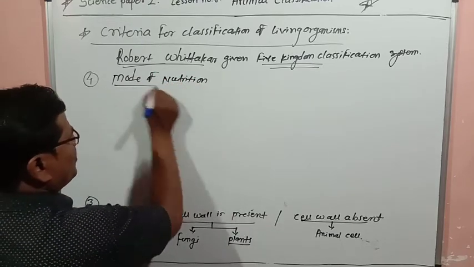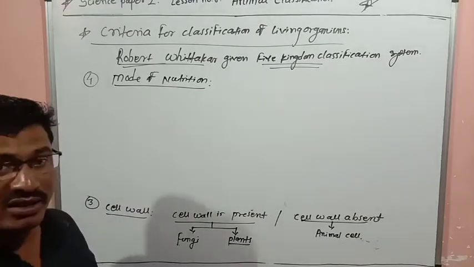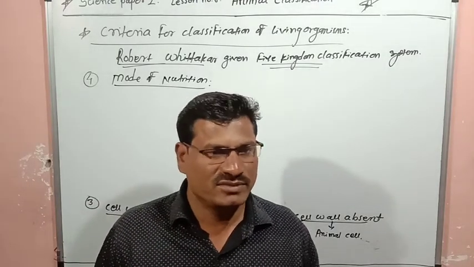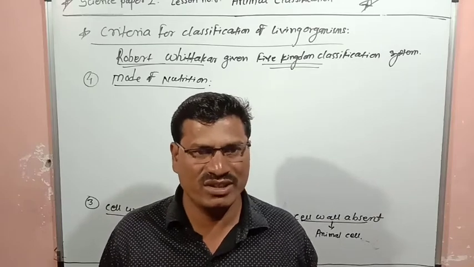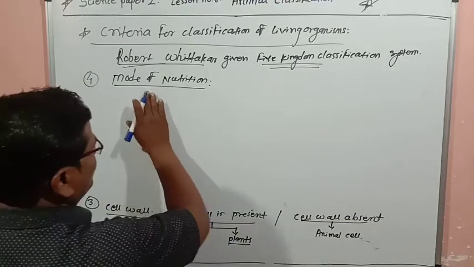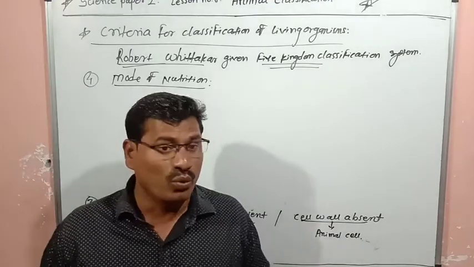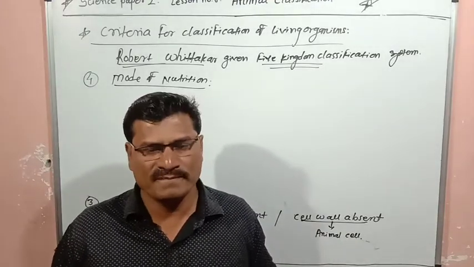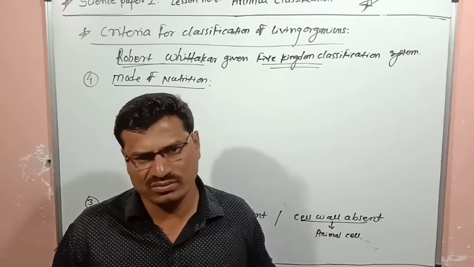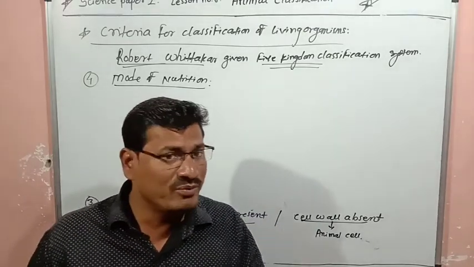So what do you mean by nutrition? Already we have studied nutrition, nutrients in lesson number 2, and in 7th standard also. So what is meant by mode of nutrition? It is the mode or way of consumption of food, way of obtaining food.